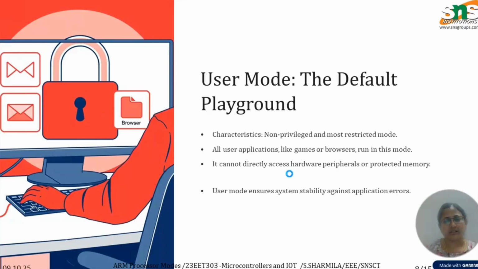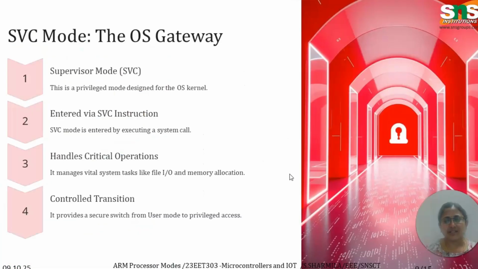And the next one is the SVC mode, that is the operating system gateway. When an application needs to perform a privileged action, like writing a file, it must request help from the operating system.